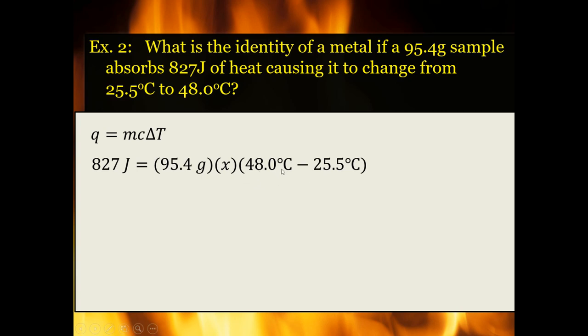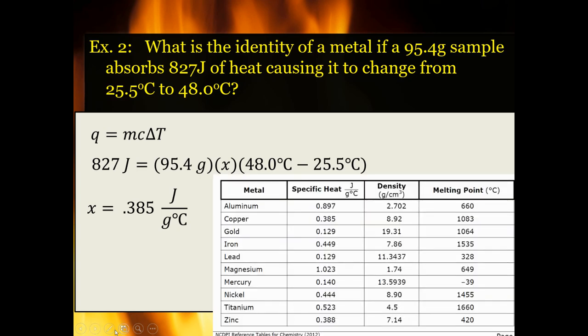So our final temperature was 48 degrees Celsius. My initial temperature was 25.5. Solving that for X, I get 0.385 joules per gram degree Celsius as my specific heat. Now, in order to identify our metal, we're going to go back to that chart on our yellow sheet. We're going to find 0.385, and we see that that is going to be copper.